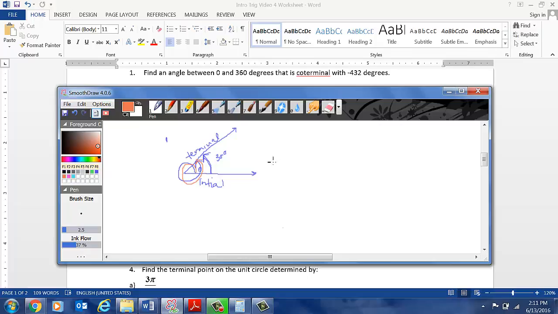So what would the measure of the red angle be? It would be 30 degrees plus 360 degrees. So that would give me what? 390 degrees. So we could say that 30 degrees and 390 degrees are coterminal.